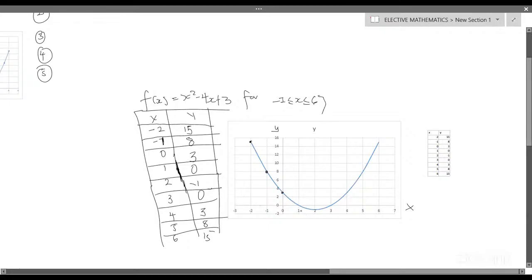When x was 1, y was what? 0. When x was 2, y was -1, so we come down to the negative side. When x was 3, y was 0. When x was 4, it was 3, right?